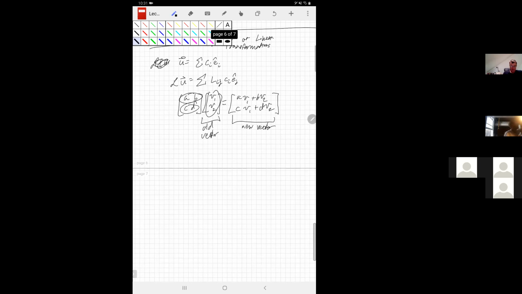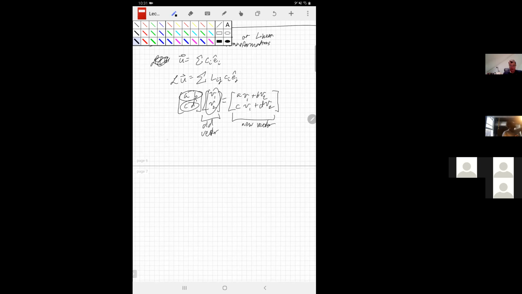Something we do all the time is we do calculus on functions. So let's say we've got f of x is equal to C0 times P0 plus C1 P1 plus C2 P2 plus C3 P3.